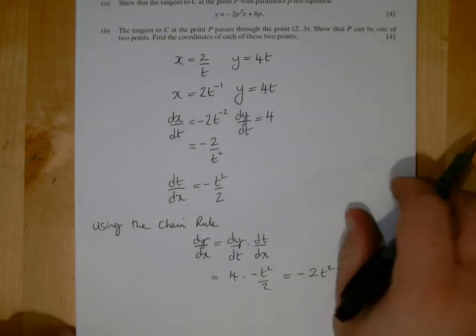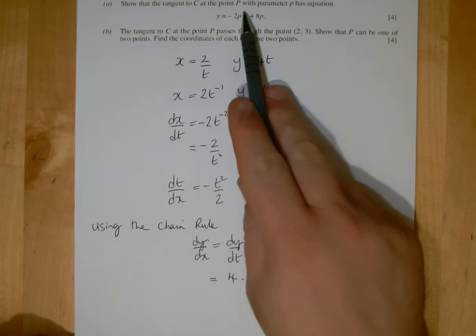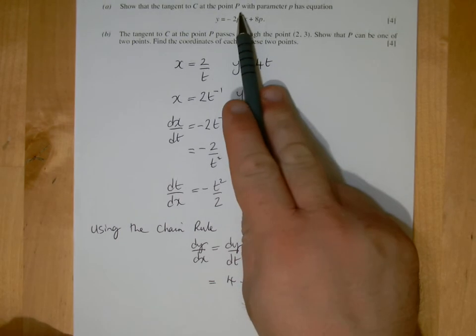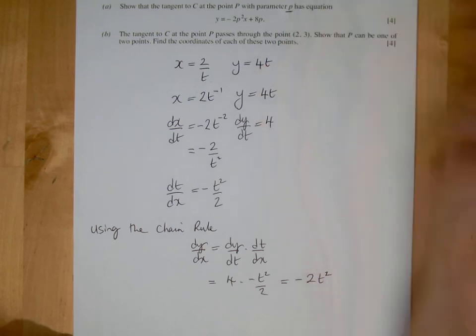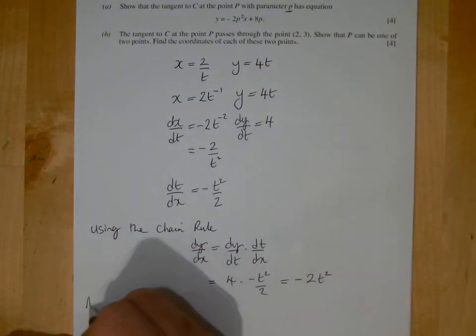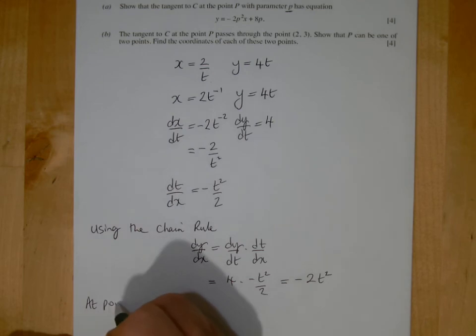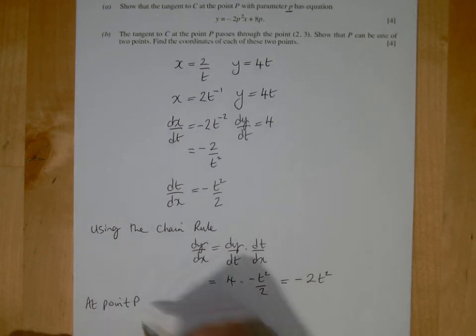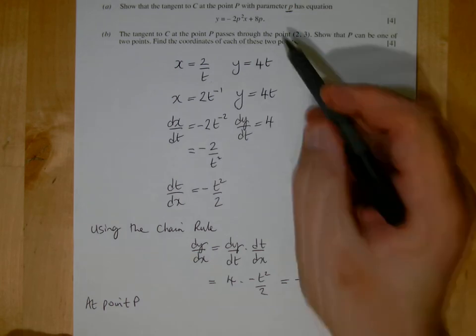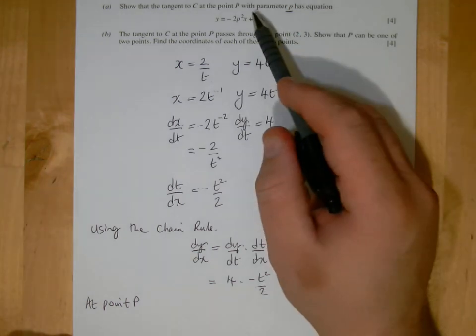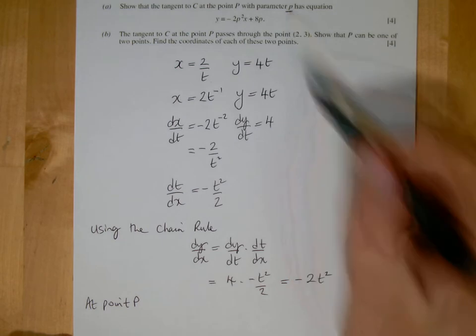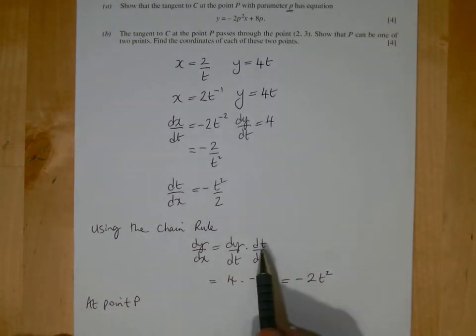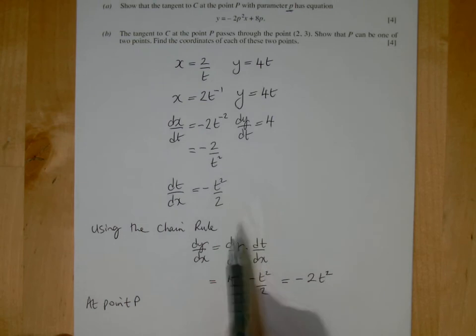Now, it says then, show that the tangent to C at the point P, okay, now this is the important bit, you've got to consider, with parameter little p. In other words, at the point P on this curve, the parameter is little p. So remember, we use the letter t in this question, yeah?